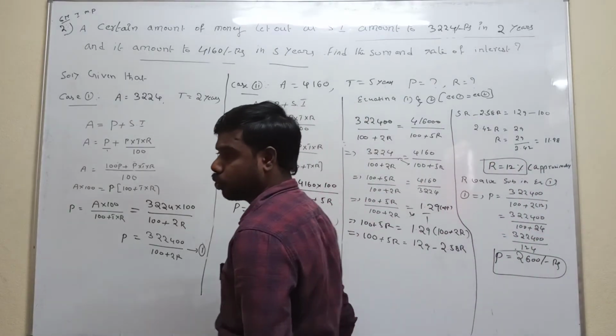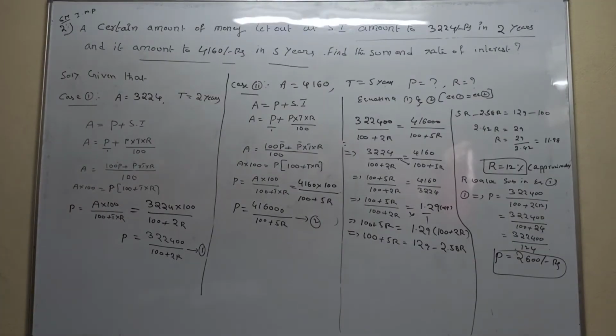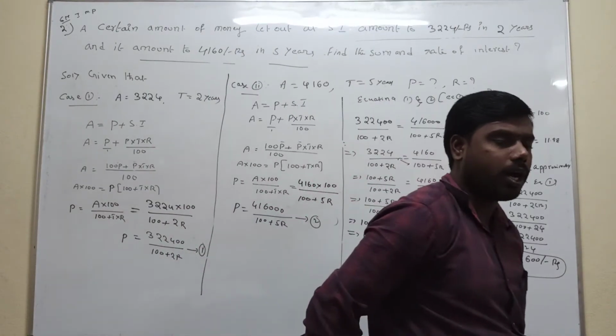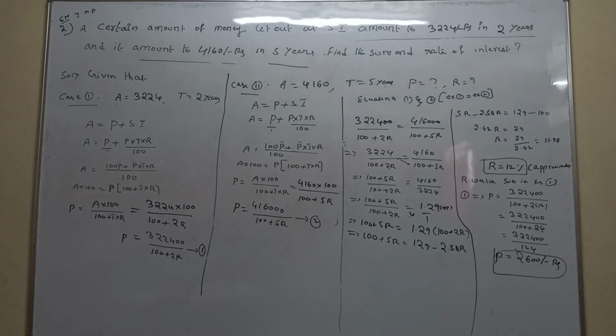This is the solution. How to find the value of R? This is the process. We apply the capital A amount formula, and after that we apply the simple interest formula also. Both give the P value, that's why we equate equation 1 and 2. Equating them gives capital R value.